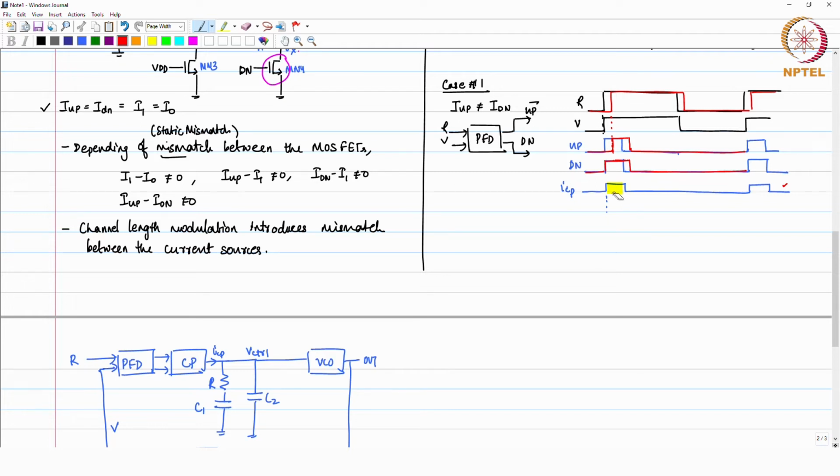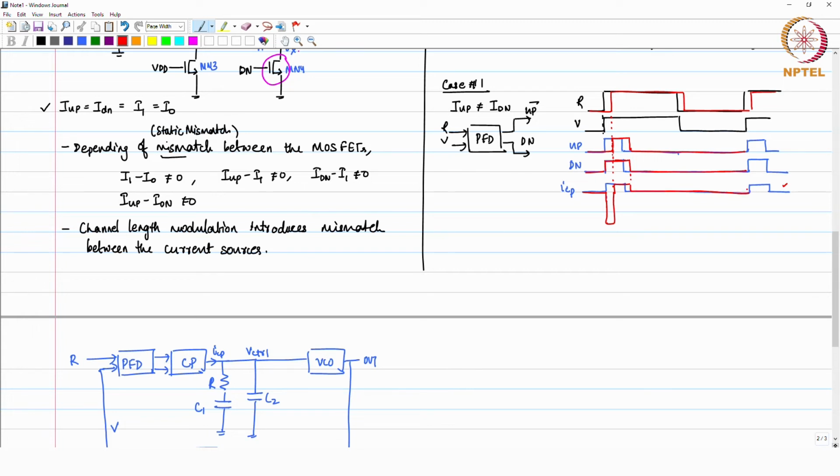So, with respect to our original case, during the time when you have a negative phase offset, you will have a negative current which is I down. When you have the down signal active, you will have I down current, and then for the overlap period you will have this value.